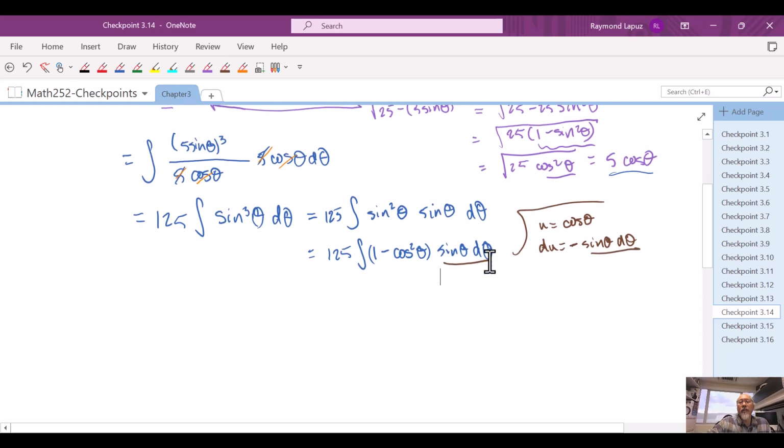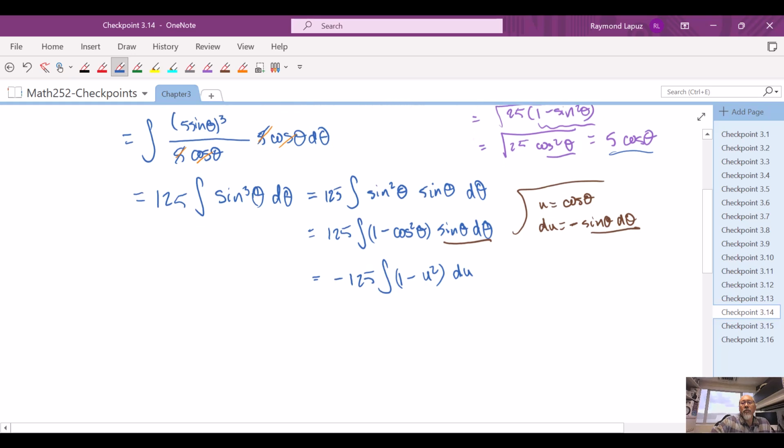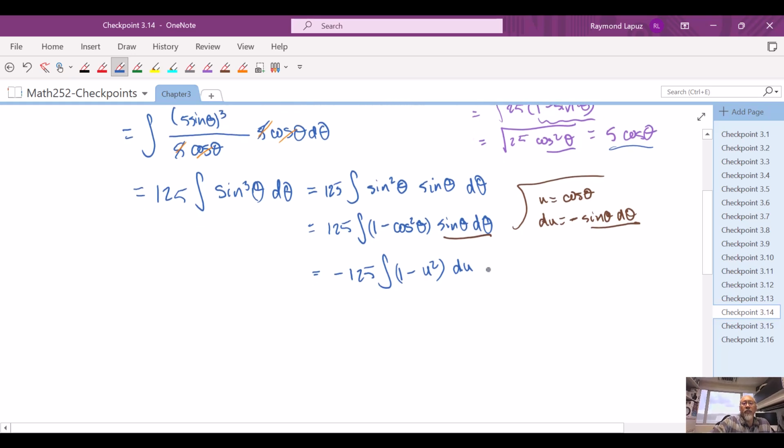So a sine theta d theta will just become a du, and then we do have that negative sign out there, so let's put a negative 125 and then the integral of 1 minus u squared du. Negative's already out there.